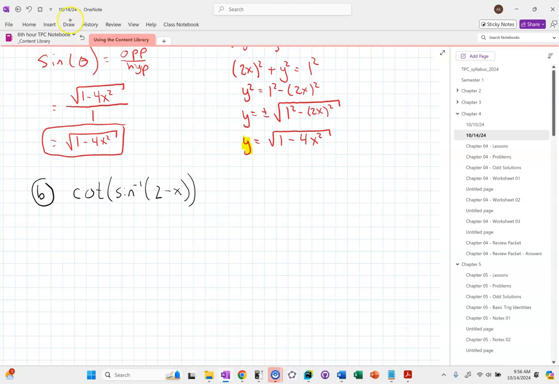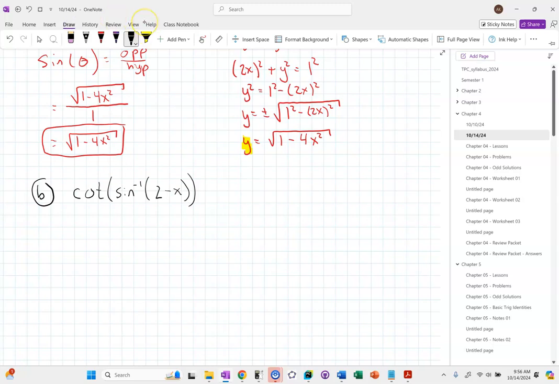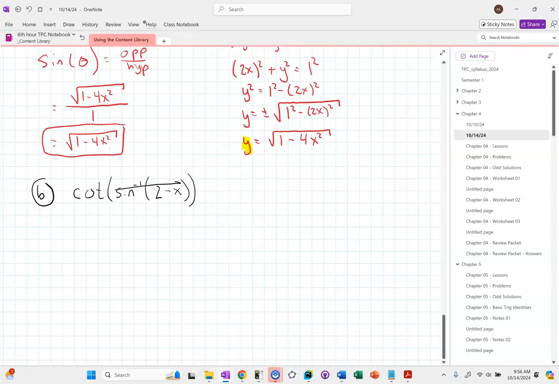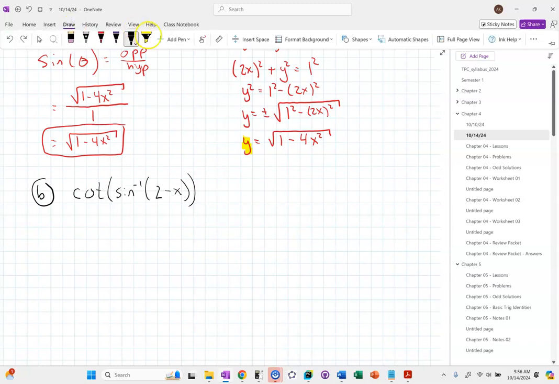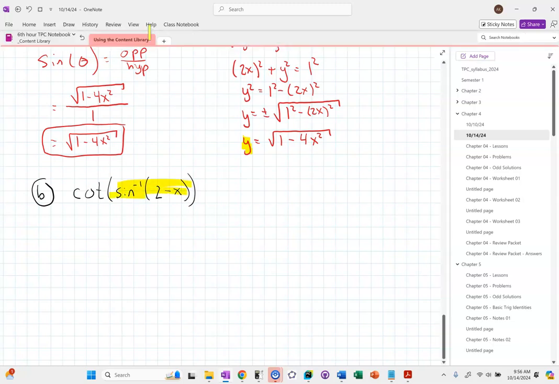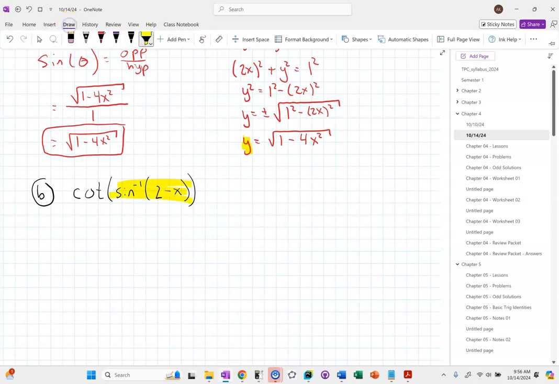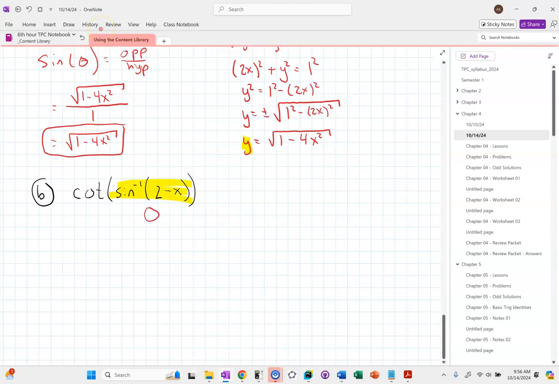Okay, so here we have cotangent of sine inverse of 2 minus x. So I'm going to start by looking at the inside. That's going to give me my theta. So I'll draw my right triangle.